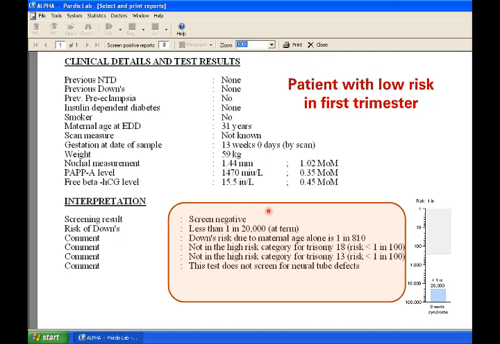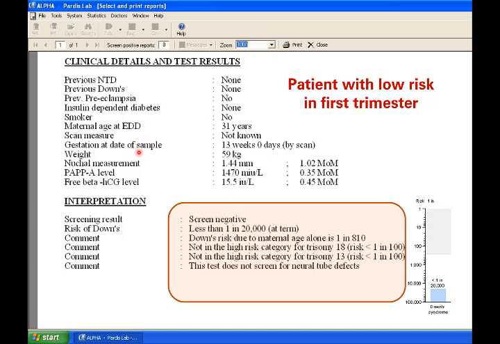This is a calculation risk analysis for Down syndrome. As you can see, it has various information from the mother and also the previous pregnancy data: previous neural tube defect, previous Down syndrome, previous preeclampsia, insulin-dependent diabetes, smoker, and maternal age at the time, 31 years old.